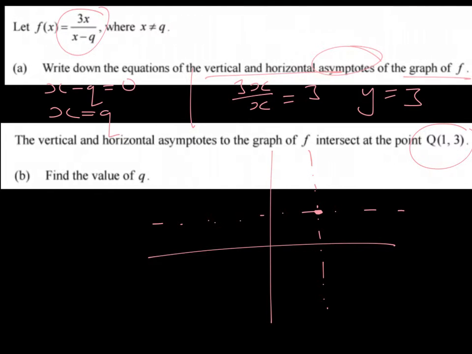So clearly we can see that the horizontal asymptote is y equals 3, and if they intersect at these 2 points, this line here is the line x equals 1. So we can see that q must be 1.